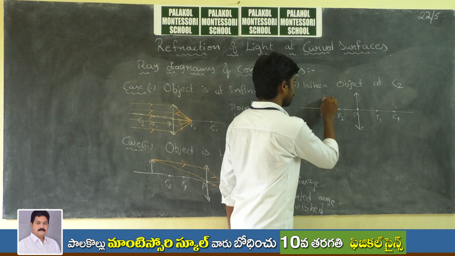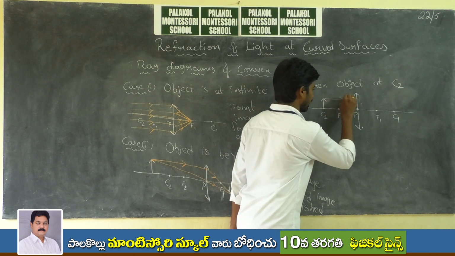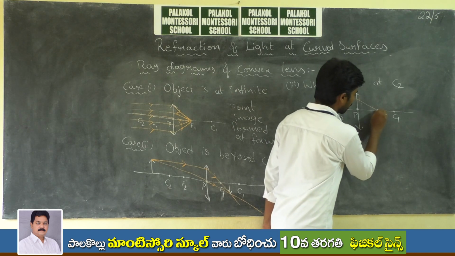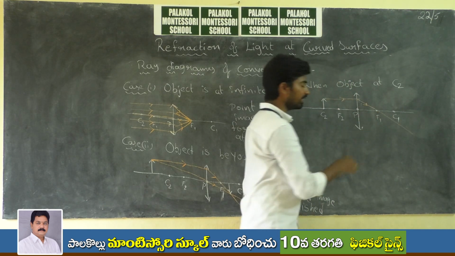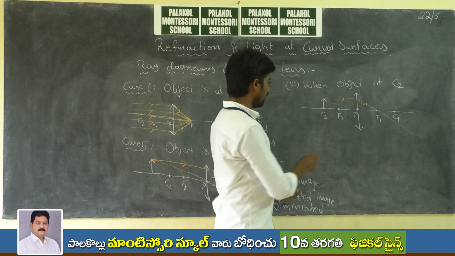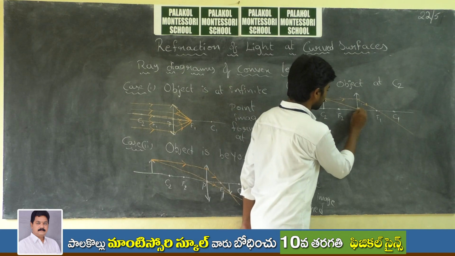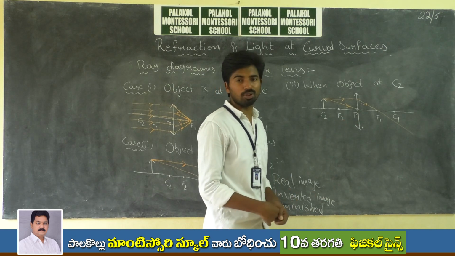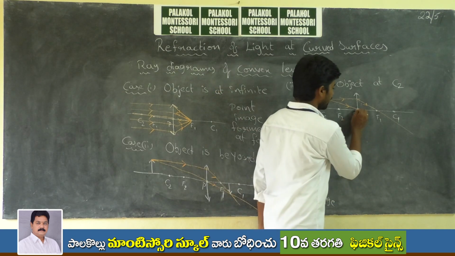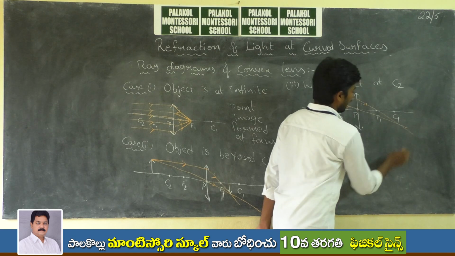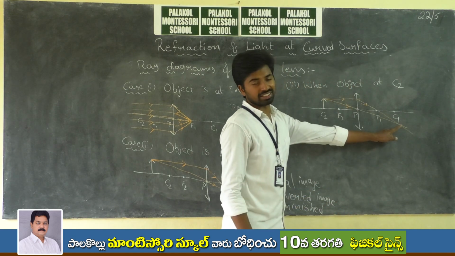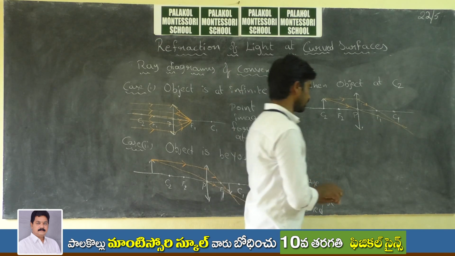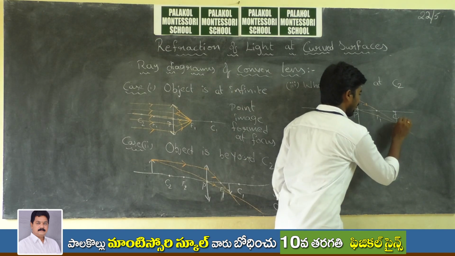Consider a light ray parallel to the principal axis, and this parallel light ray will pass through the focus point. Consider another light ray passing through the pole, and this light ray will follow an undeviated path. Extend the refracted light rays until they intersect. From that intersection point, draw a normal line.